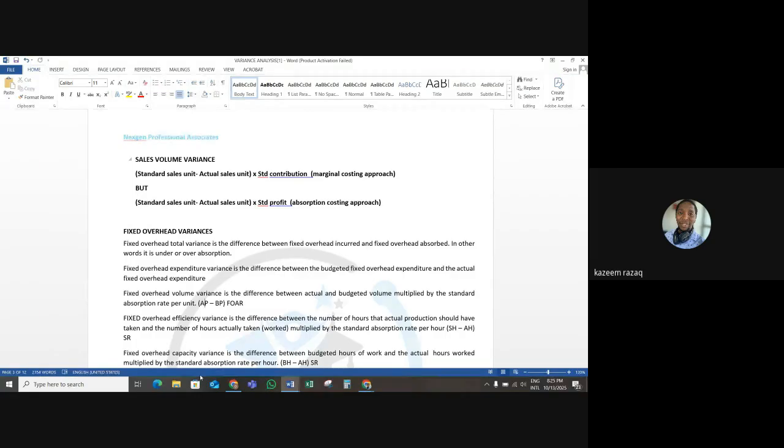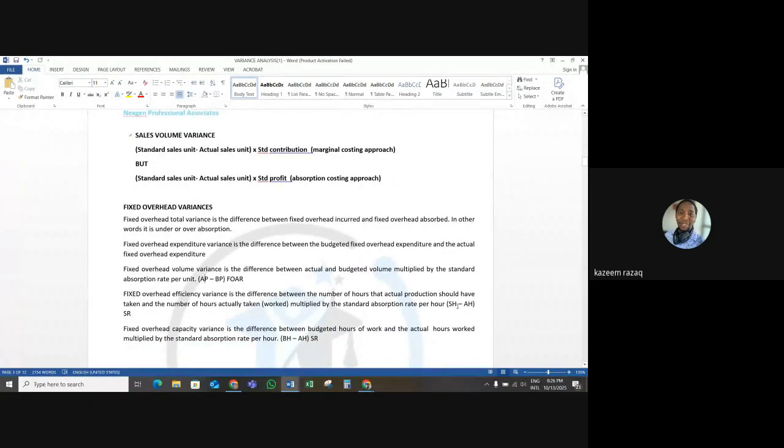If nothing happens, the number of hours you should spend on this production, that is the standard, right? And the number of hours you have actually spent, that is the efficiency. So if I want to check whether you are efficient enough or not: how many hours are you supposed to work? How many hours did you work? Multiply by that same fixed overhead absorption rate. All right. So you can see this one is standard hours minus actual hours.